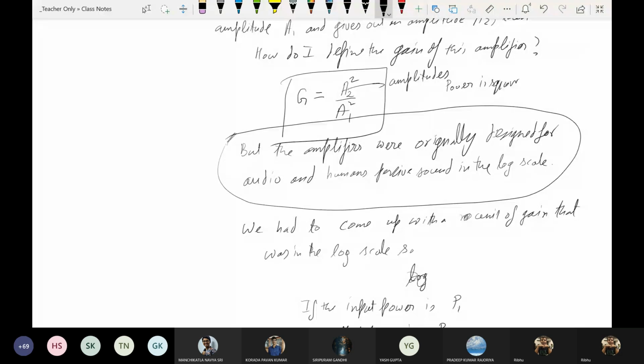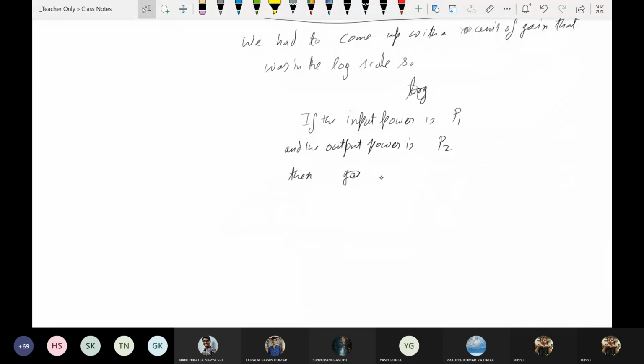So then gain in bels, named after Alexander Graham Bell, you have heard his name, right, is log to the base 10 of P2 by P1. Now this used to give pretty obscure values, something point something, and that would be large.